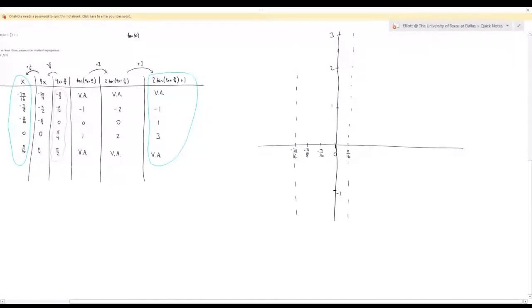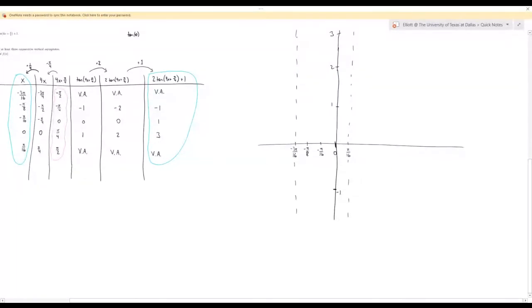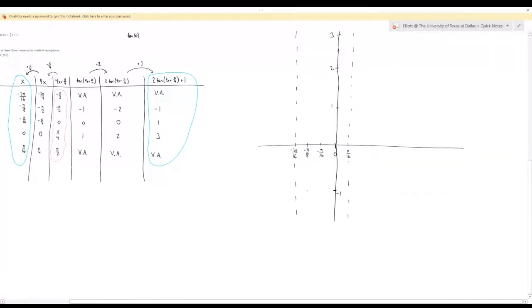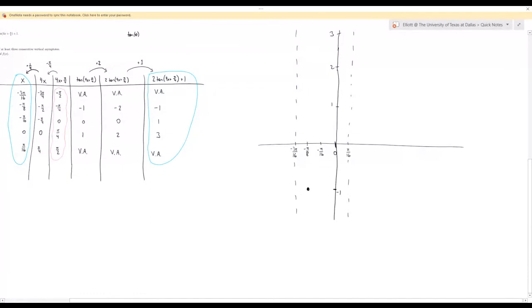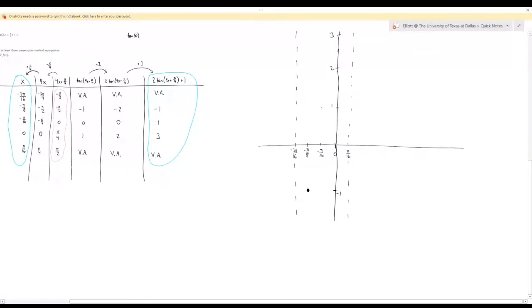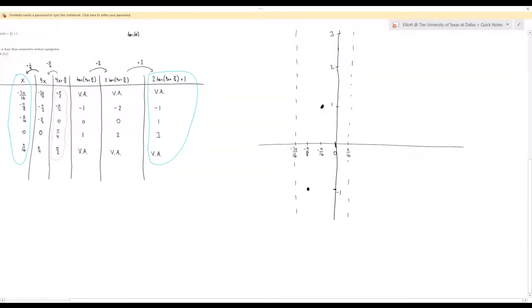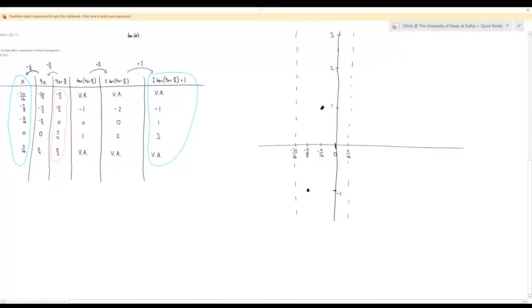Okay. And then when x is negative pi over 8, the function should be passing through this point here, where y is -1. When x is negative pi over 16, it's going to be equal to 1. So it'll be up here. And then when x is 0, the function is going to be up here at 3.